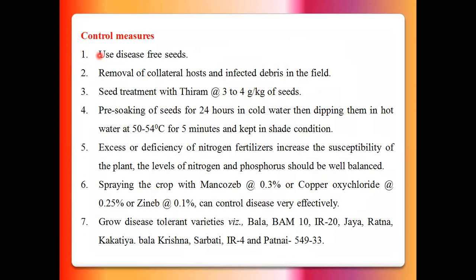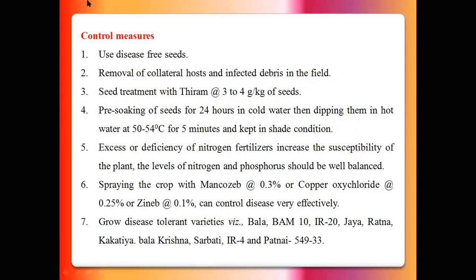Regarding brown spot: use disease-free seeds, remove collateral hosts and infected debris in the fields, then treat seed with thiram at the rate of 3 to 4 gram per kg of seed, or pre-soak the seeds for 24 hours in cold water, then dip them in hot water at 50 to 54 degrees Celsius for 5 minutes.